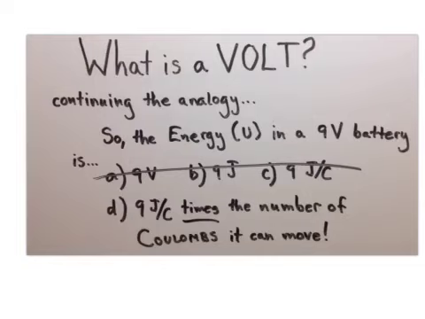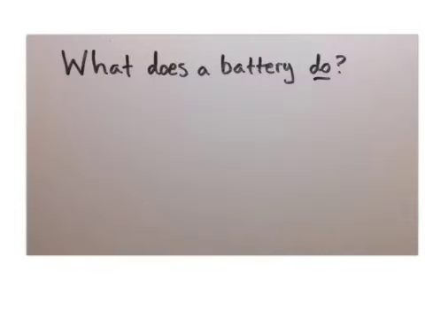So 9 volts isn't an amount of energy. It's only an energy if I take it times coulombs, because joules per coulomb times coulombs is what's going to give you joules. All right, so maybe the next logical question is, what does a battery do anyway?